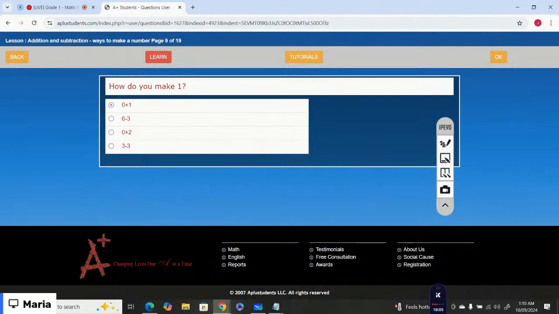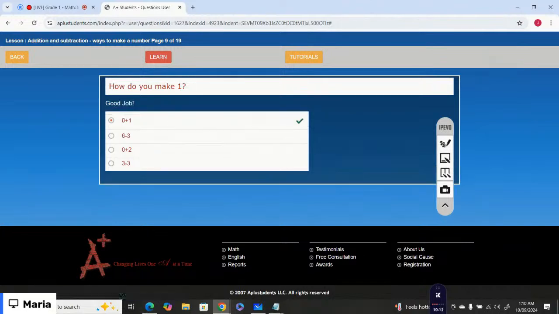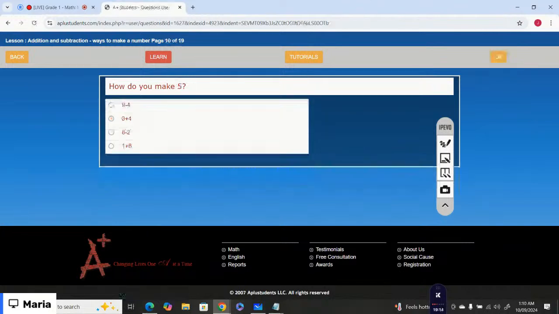Option number 1 is the correct option. You have to make 1. How? 3 plus 3 is 6, but you have to make 1. Yes, 0 plus 1 is the correct option. Very good.